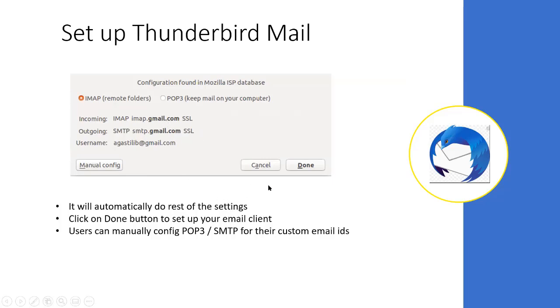I'm going to use Gmail to set up with Thunderbird Mail. That's why it is configuring IMAP and SMTP automatically. But if you have a custom email address of your library or yourself, then you can use manual config to configure the email account.